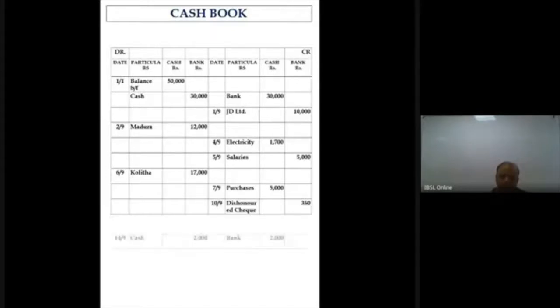Then the next transaction, you are encashing a check for rupees 2000 for a customer. There is a customer who needs money immediately. So he comes to you and says, look, I have a check. You don't have to worry, you will get the money.